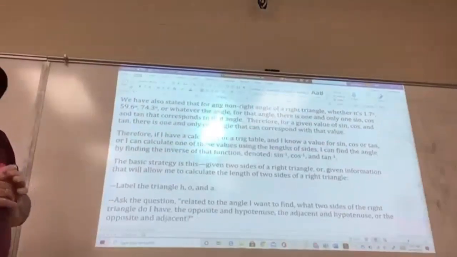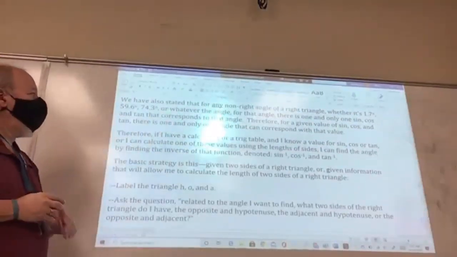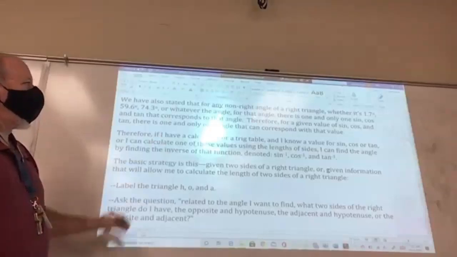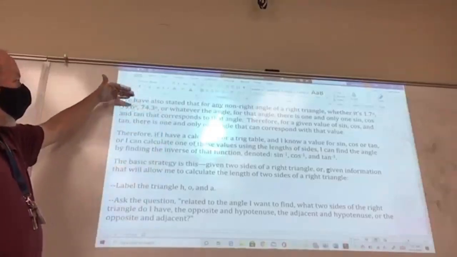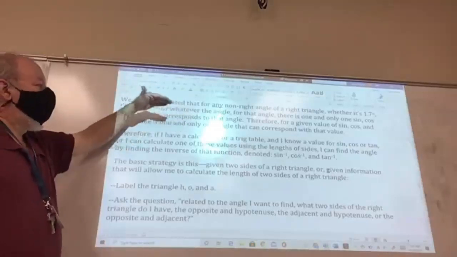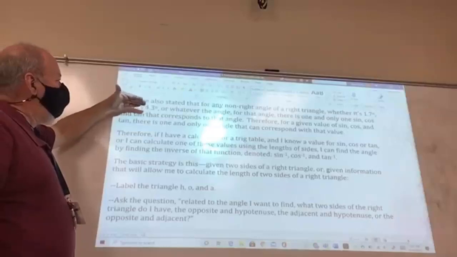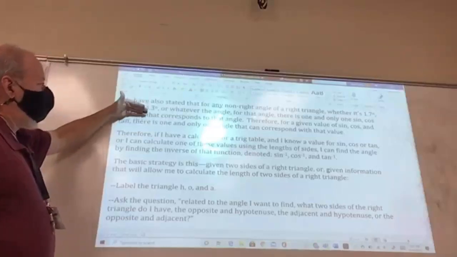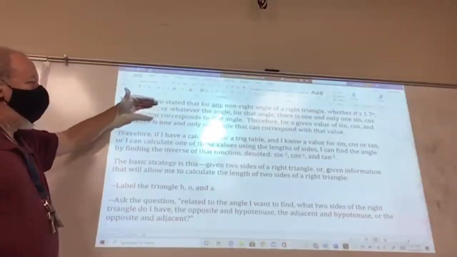We also stated that for any non-right angle of a right triangle, whether it's 1.7 or 59.6 or 74.3, whatever that angle, there is one and only one sine, cosine, and tangent that corresponds to that angle.